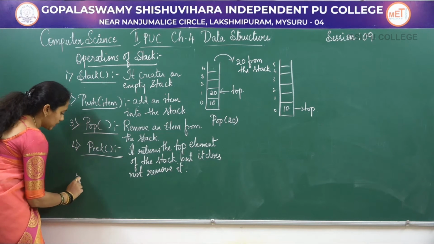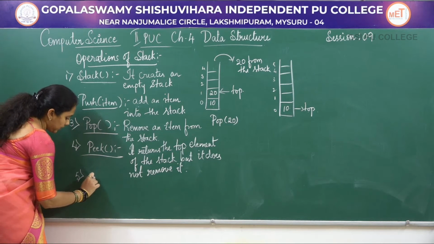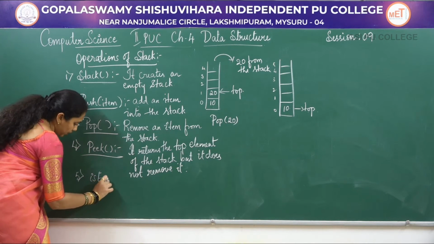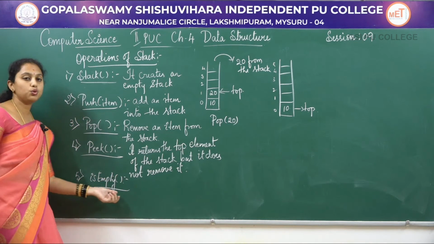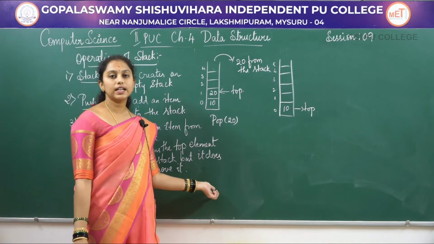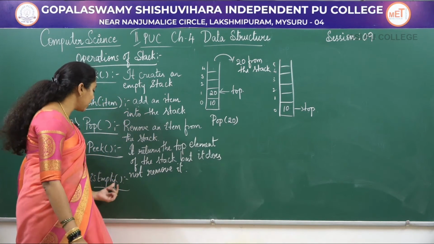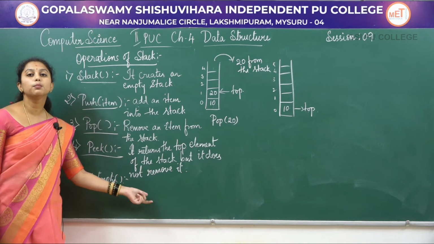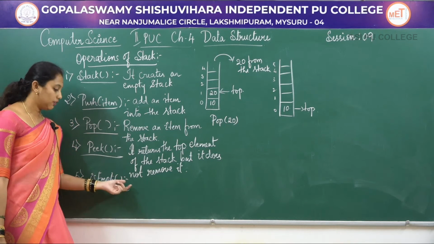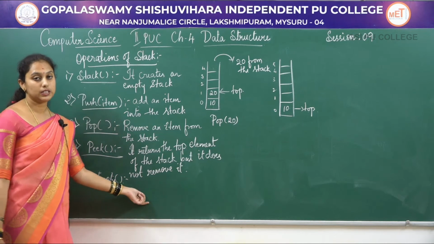Next function is the isEmpty function. The isEmpty function is used to check whether the stack is empty. It does not require any parameters, but it will return a Boolean value. If the stack is empty, it will return 0.